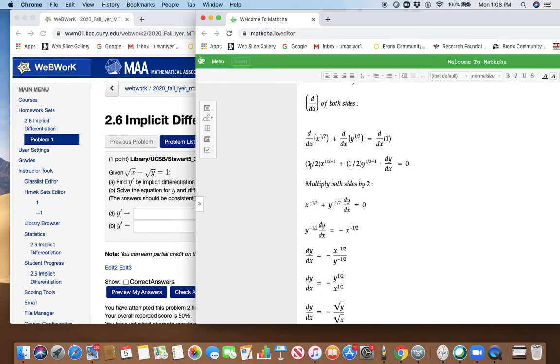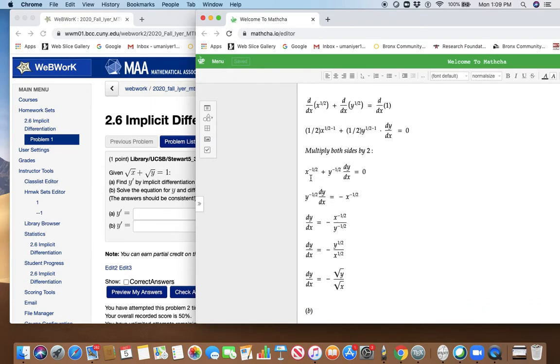Now look at that. You have a denominator of half, so multiply both sides by 2. That takes care of this half, and this is 0 anyway. So x to the negative half, y to the negative half, dy dx is 0. Move the x to the negative half to the other side, negative x to the negative half. Divide by y to the negative half.